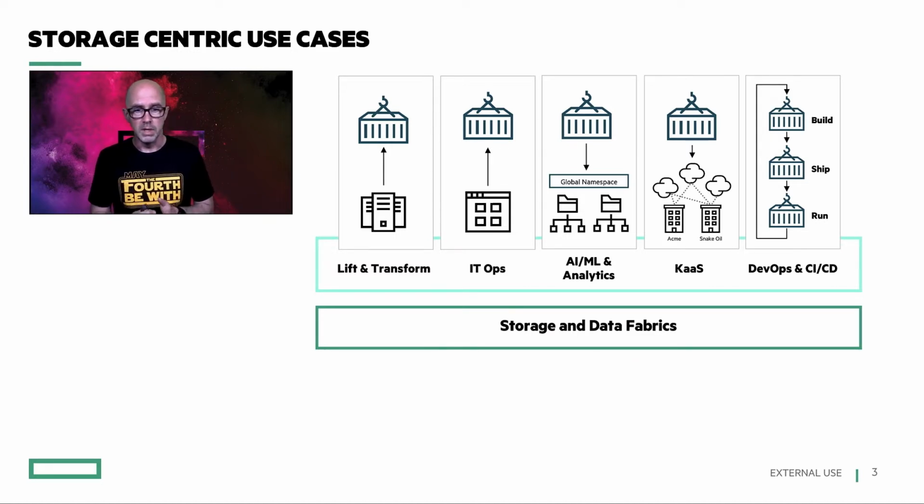We also see a lot of DevOps shops that are adapting their workloads to build, ship, and run their applications on Kubernetes and integrate data directly into their CI/CD pipelines, right?